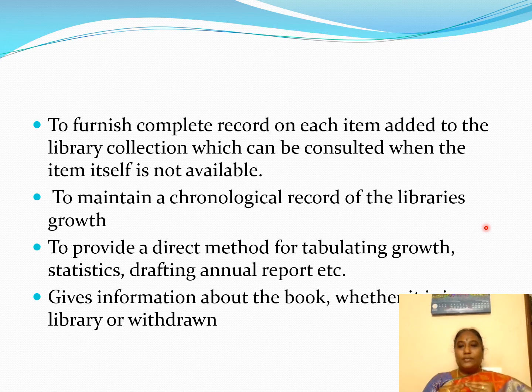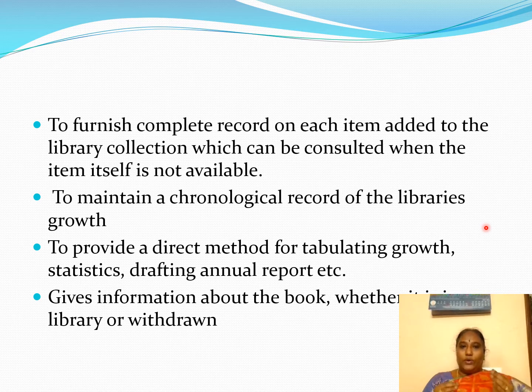Here records means the books, the details of a book. It produces a complete record on each item. These items, the documents or books, are added to the library collection day by day. The important function of the accession register is to provide the complete record of each item, which can be consulted when the item itself is not available.